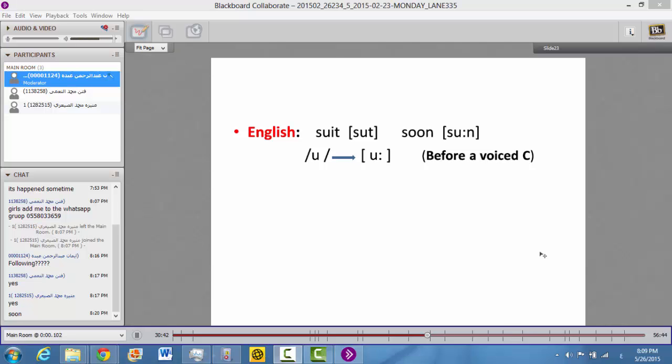I hope this is clear. So here, the change of the vowel is determined by the environment, the following sound. Here, the following sound is influencing the vowel.